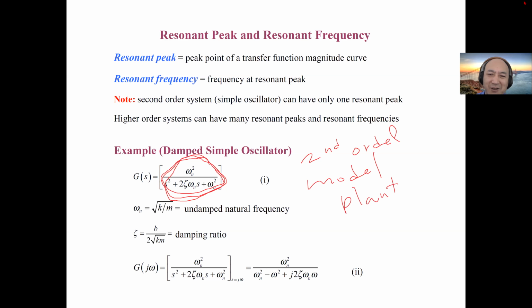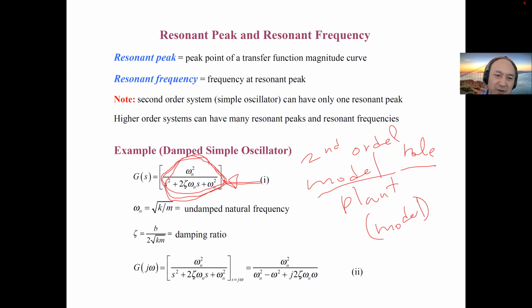Be careful: when we talk about a plant model versus a model plant, it's different. Remember, the term is role model. Basically, I can use this one as a role model so that I design a controller to make my system behave like this one.